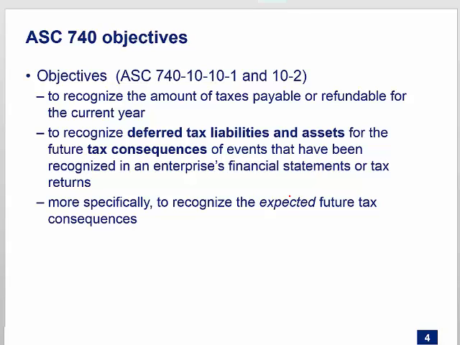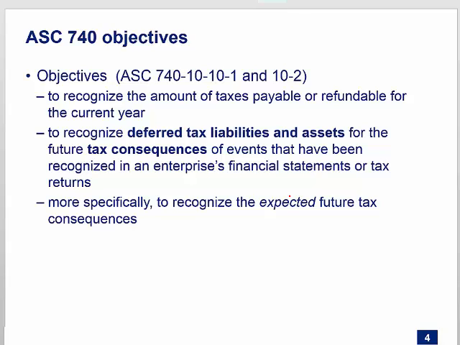So what ASC 740 is attempting to do is get to an accrual of tax expense which reflects all of the taxes that you'll ever pay on that year's book earnings, even if those taxes are paid in the current year or in a future year. So it's really a matching concept.